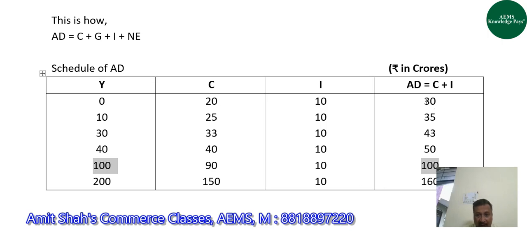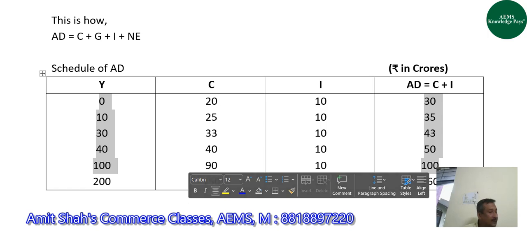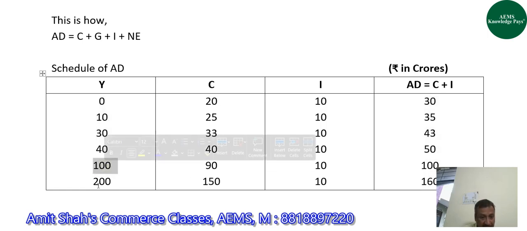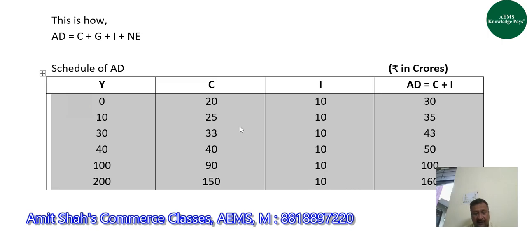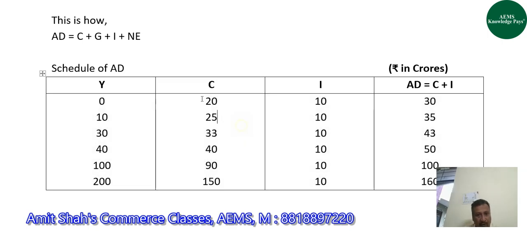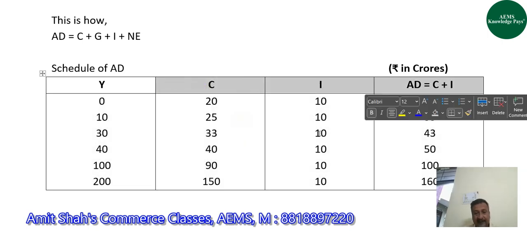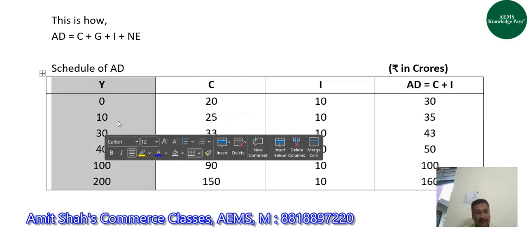Before this point, aggregate demand was more than income. After this point of 100, aggregate demand has become lesser than income. It's hypothetical data to make you understand the pattern of C, I, and AD, guys, in context of income.